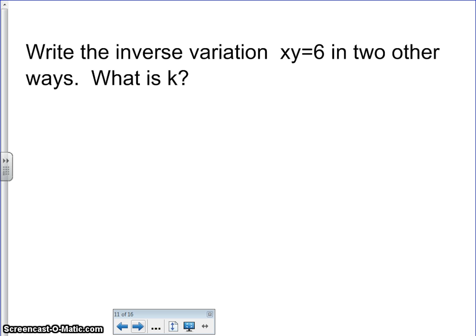Okay, we're back, and we start with xy equals 6, and we're asked to write this in two different ways. One way, we could divide both sides by x, and that would give us, these x's cancel out, y equals 6 over x.